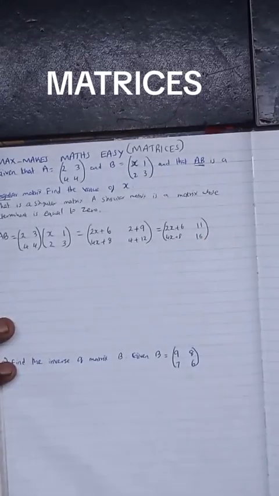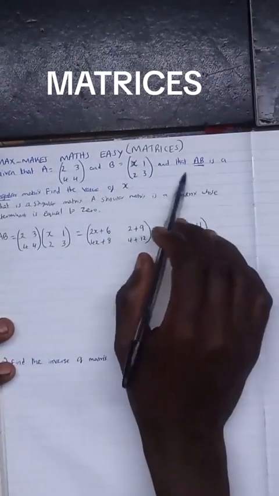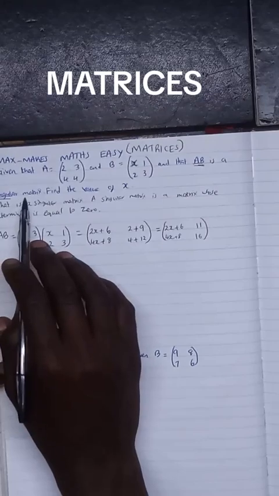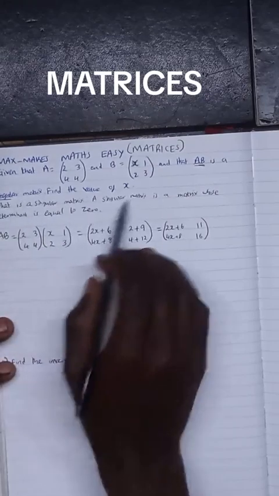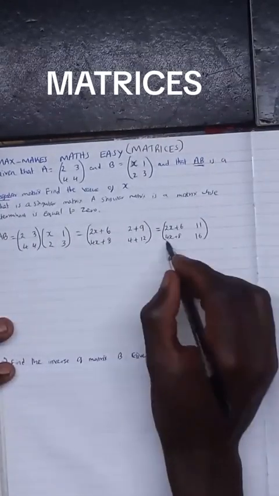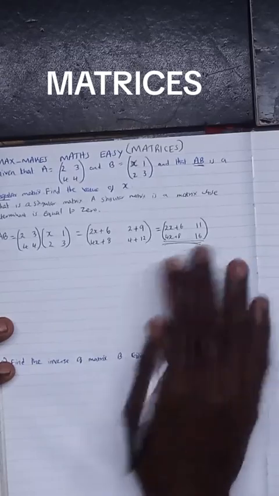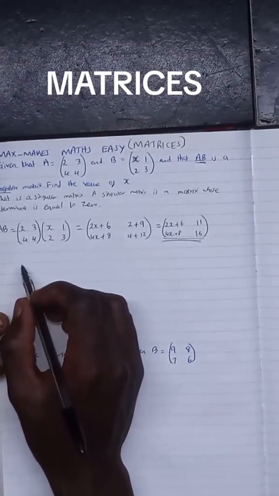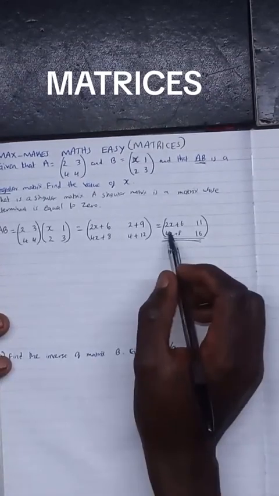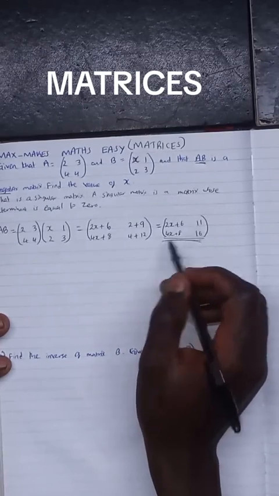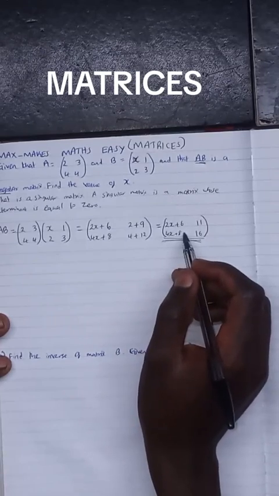So what are we told here? We are told the matrix AB is a singular matrix. What have we said about singular matrices? Their determinant is equal to 0. So we are going to find the determinant of matrix AB. When we want to find the determinant, we take the multiplication of the elements in the main diagonal and subtract from it the multiplication of the elements in the minor diagonal.